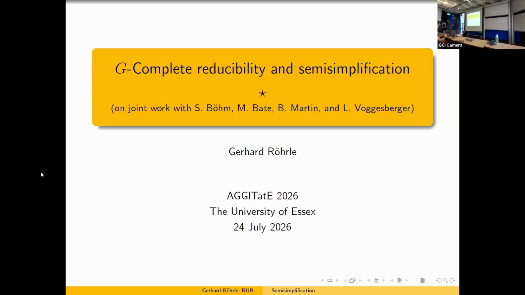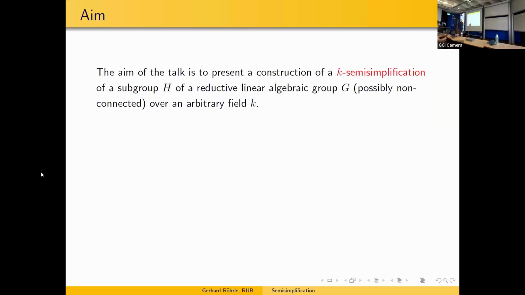It'll be quite slow at the beginning and then probably speed up. So the idea of semi-simplification is a unifying idea. As I just said, it is a semi-simplification of modules for algebras, and we want to do this for a subgroup of a reductive linear algebraic group.